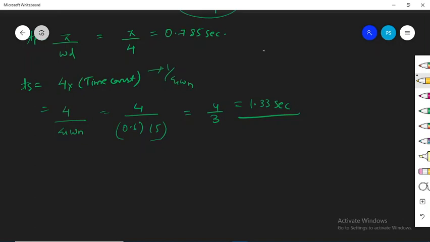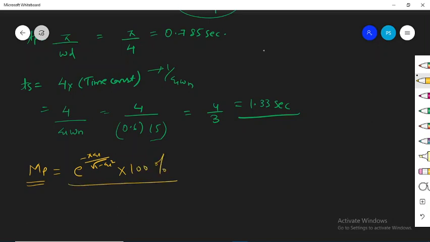Had the system been subjected to any other input, or the value of input been other than 1, then we could not use the normal equation that we had defined. The generalized equation for unit step input is given as e to the power minus pi zeta upon under root of 1 minus zeta square, and if you want to express it in terms of percentage, then just multiply it by 100.